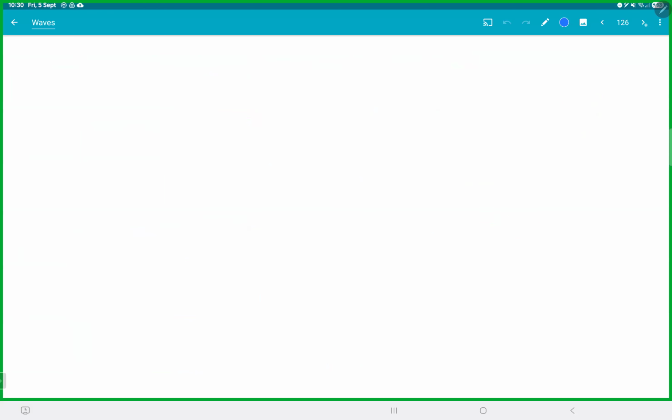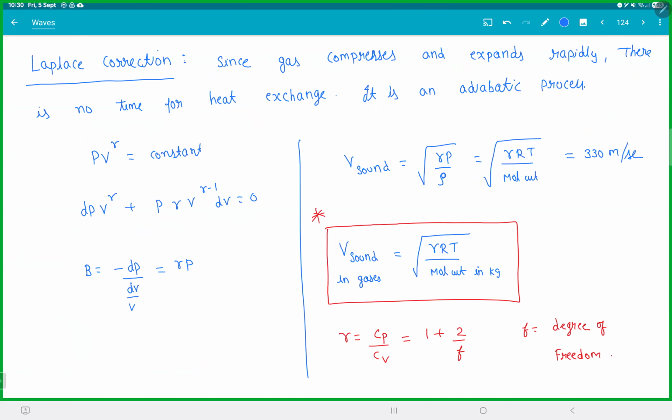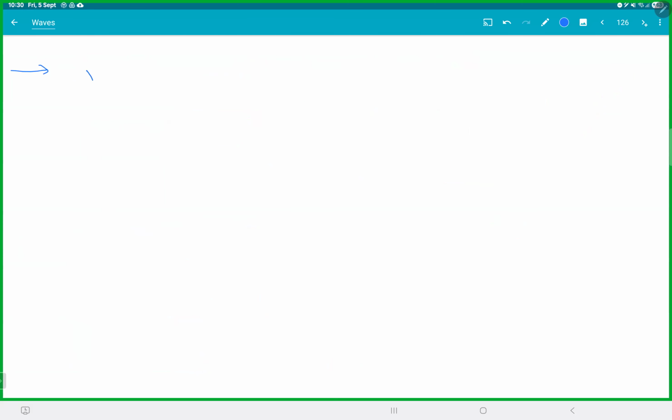Next thing, this is one important JEE question. If the pressure of the gas becomes 4 times, what will happen to the speed of sound? So if you remember the formula, V is equal to root over γP by rho.